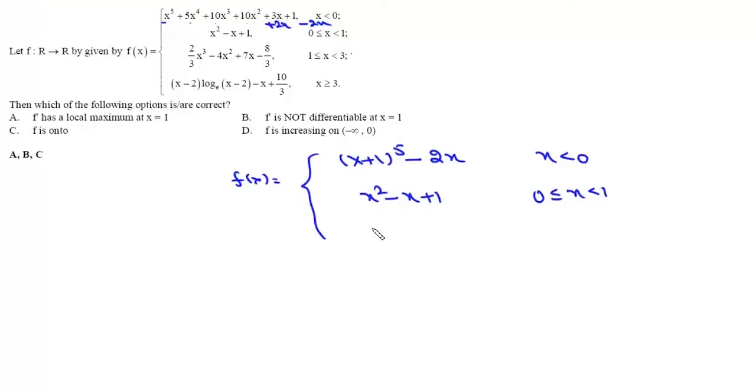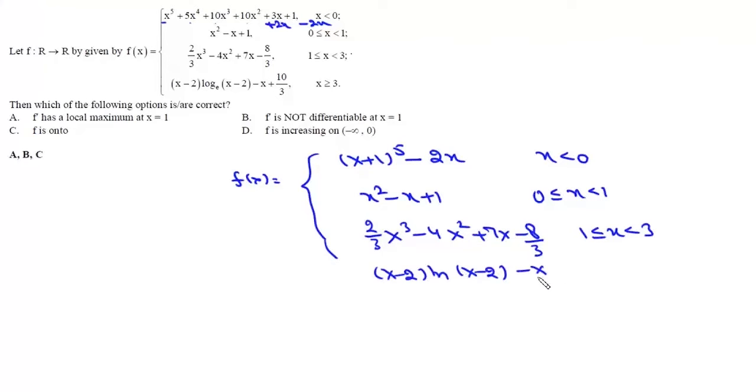So we'll write this function f(x) as (x plus 1) to the power 5 minus 2x when x is less than 0, it is x square minus x plus 1 when x lies between 0 and 1, it will be 2 by 3 x cube minus 4x square plus 7x minus 8 by 3 when x lies between 1 and 3, and it is x minus 2 log (x minus 2) minus x plus 10 by 3 when x is greater than or equal to 3.